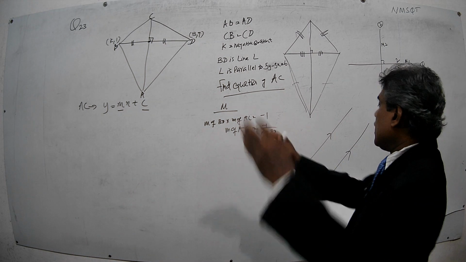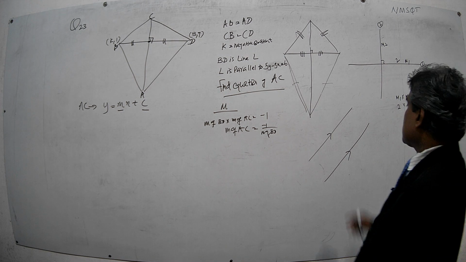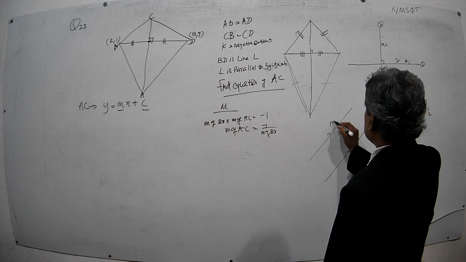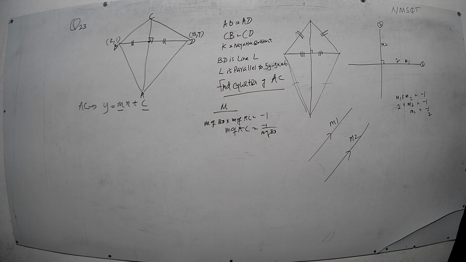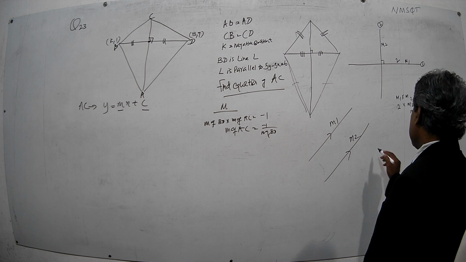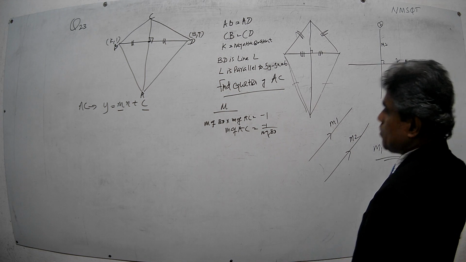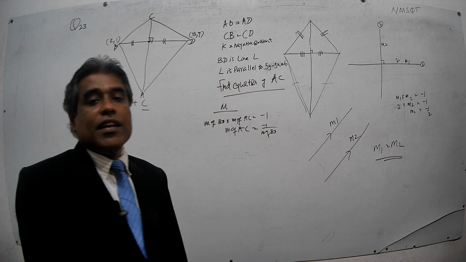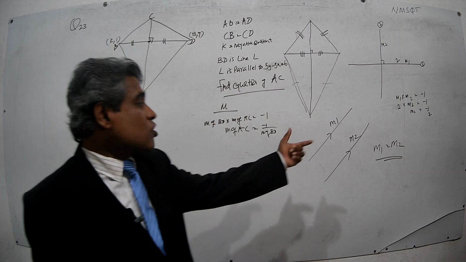They go like railway lines, right? The lines never meet. Okay. Then if lines are parallel, let's say this gradient is m1, this gradient is m2. The gradient relationship between parallel lines is that they are equal. Then m1 equals m2. Gradients of parallel lines are equal.